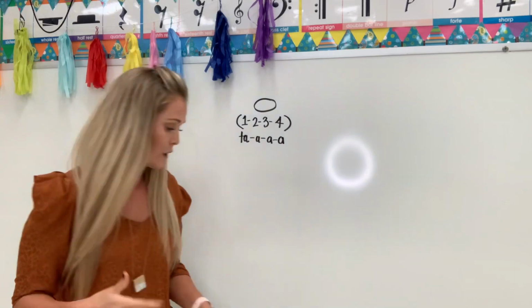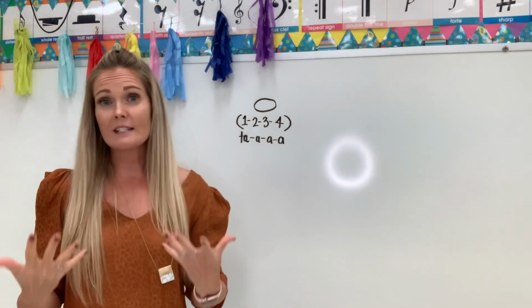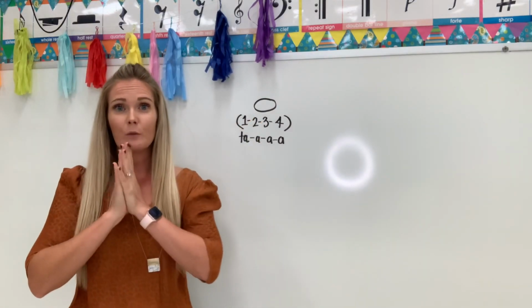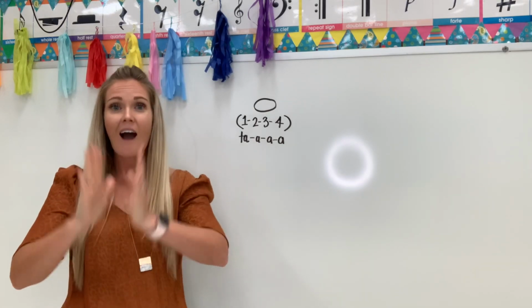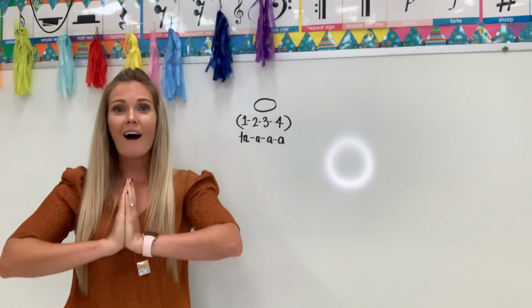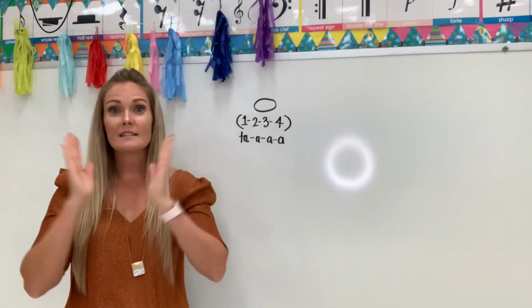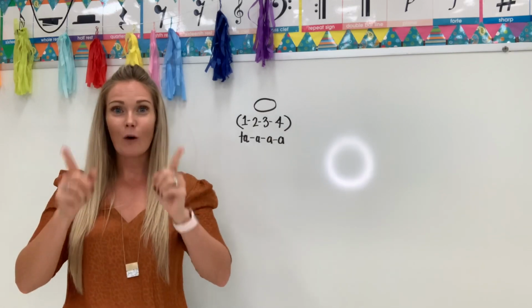So the word ta, that's what we're gonna be using when we are clapping or saying our notes. Ta for a whole note. We're gonna clap it on the first beat and we're gonna stretch it out for the rest of the beats to equal 4, like this. Ta. Can you try that with me? Ready, go. Ta. And that is your whole note.